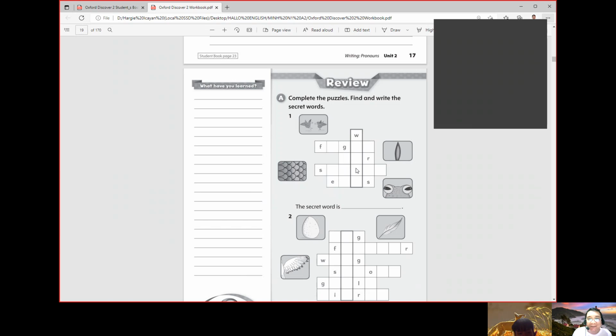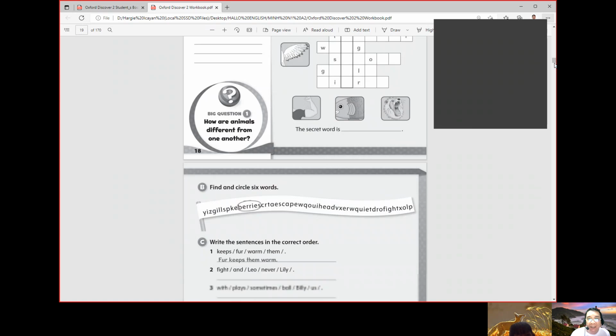Am I right? Fight, that's H. Fur, it's U. And then scale, that's L. And then Y. Okay, so the secret word is woolly. Next, let's try this one.